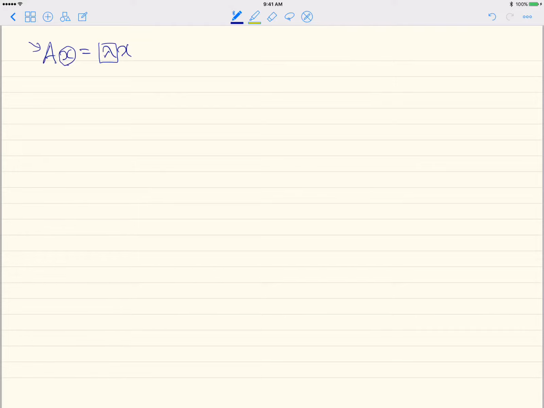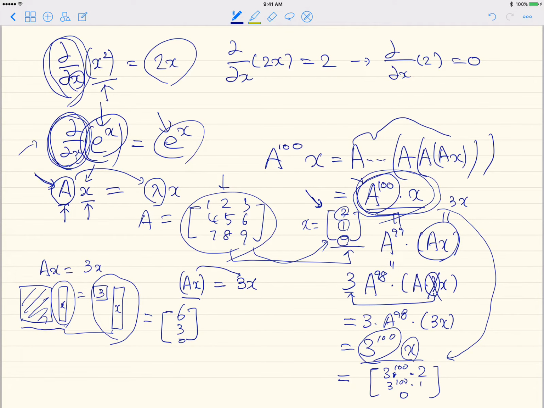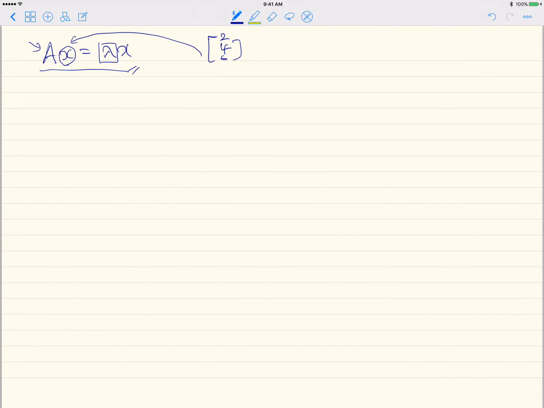So as I mentioned, not every vector x satisfies this. If you just pick an arbitrary vector like 2, 4, 6 and plug it in, given A in this form, it will never satisfy this.